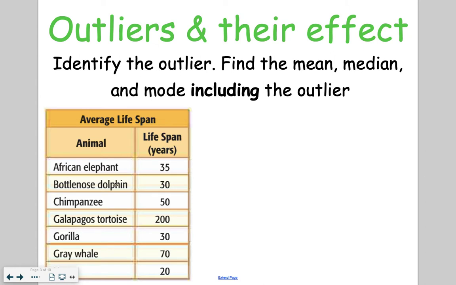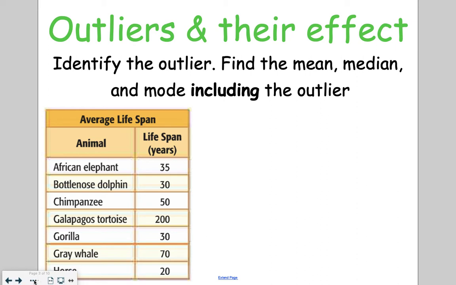If we're looking at the different lifespans of these animals here, we've got an elephant, a dolphin, a chimpanzee, a tortoise, a gorilla, a gray whale, and a horse. Over here, looking at our pieces of data, we're looking for the one that does not belong.